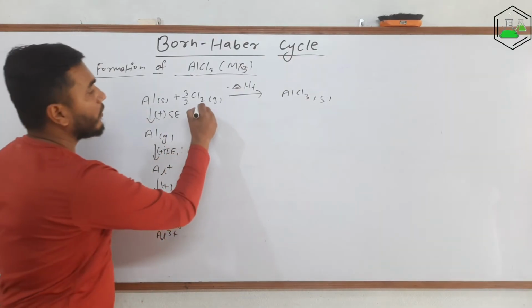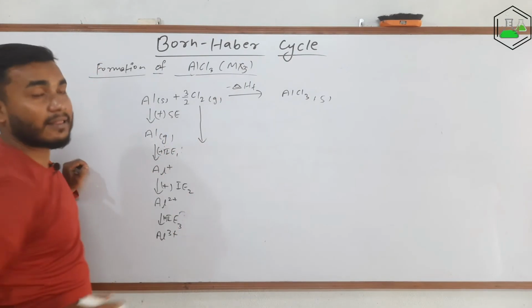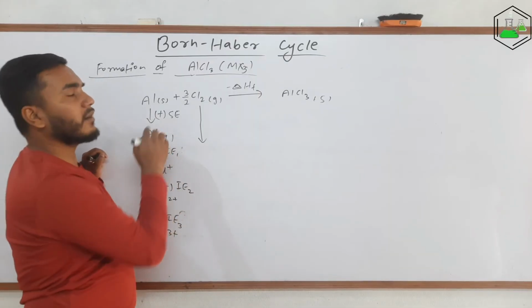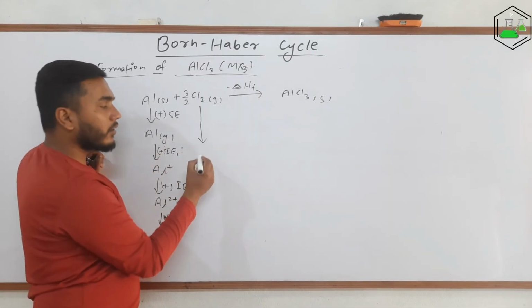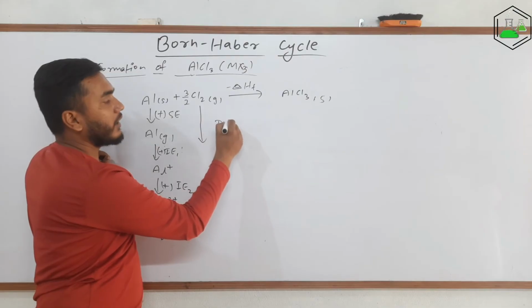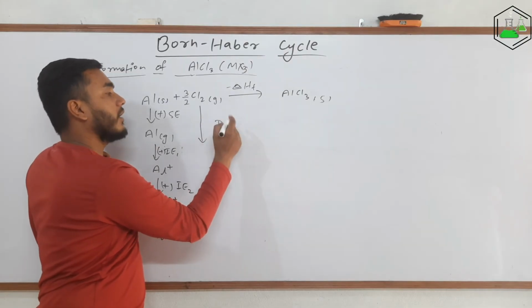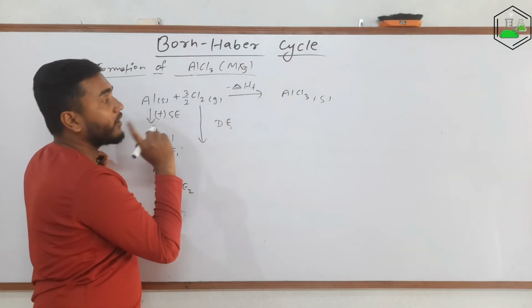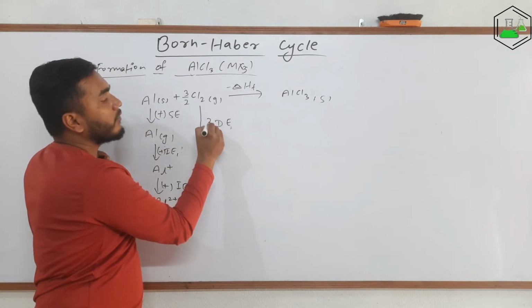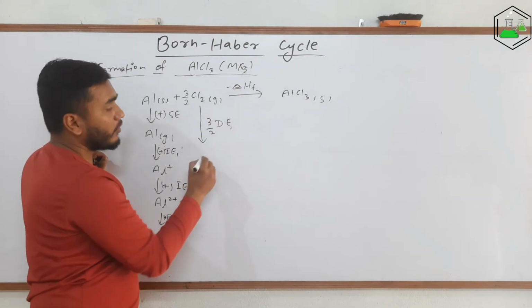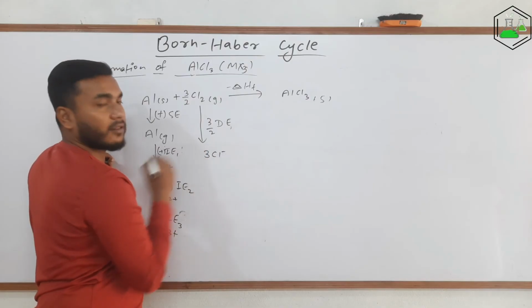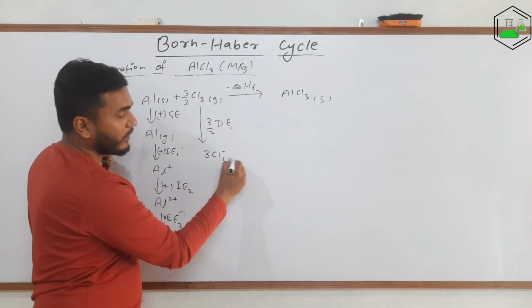But in this case, you can see over here, this is already in gaseous state. So do we have to provide sublimation energy? No, not at all. We need to provide some dissociation energy. How much dissociation energy should be provided? 3 by 2 dE, right? So it will convert into 3 Cl minus ions, and this is also in gaseous state.